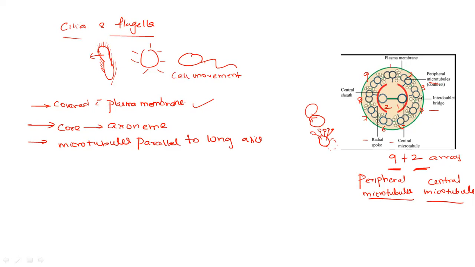They have 9 peripheral microtubules and 2 central microtubules. Each pair of peripheral microtubules is attached to the next with the help of interdoublet bridges, and they have radial spikes on each pair. Inside the central sheath, you can see 2 central microtubules.